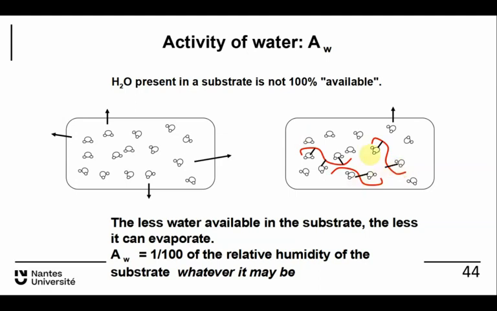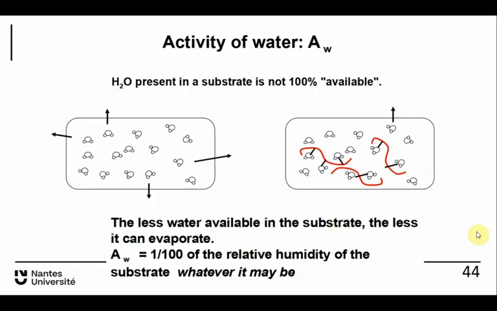So these molecules of water here won't be available to interact with some other kind of chemical or biological system. And they won't be able to readily diffuse or evaporate from the surface of my water droplet here.